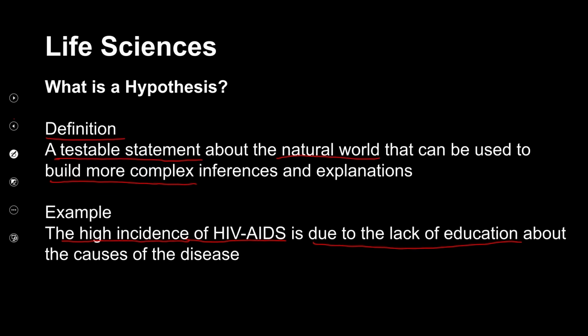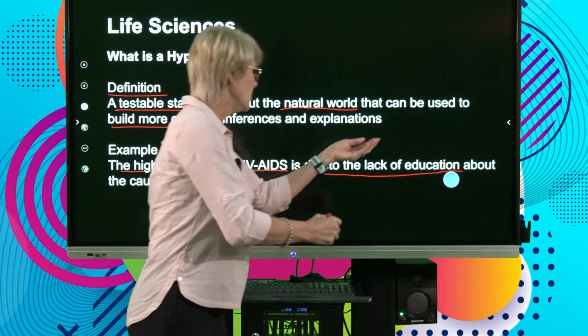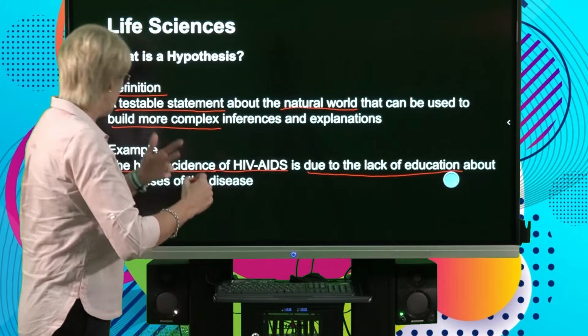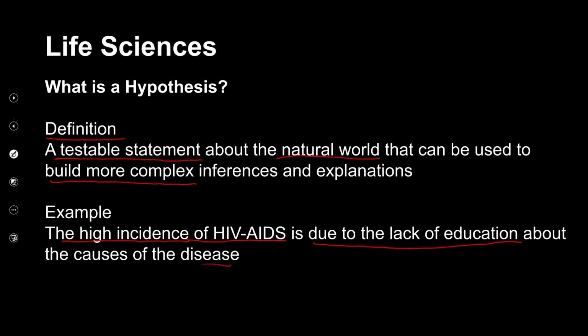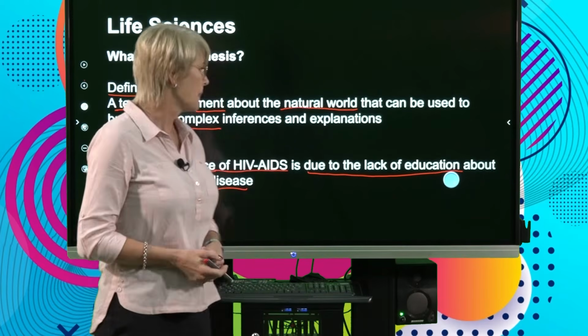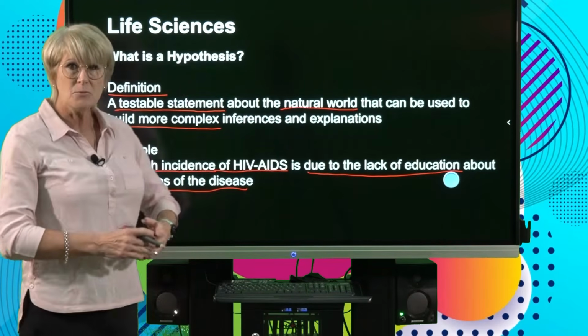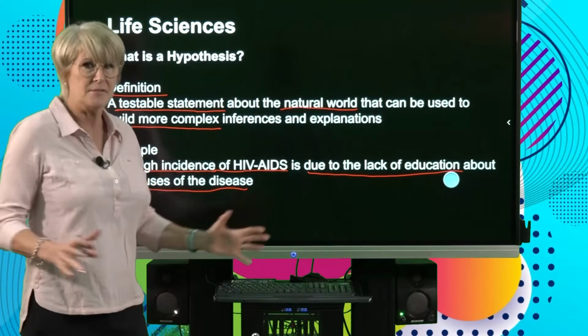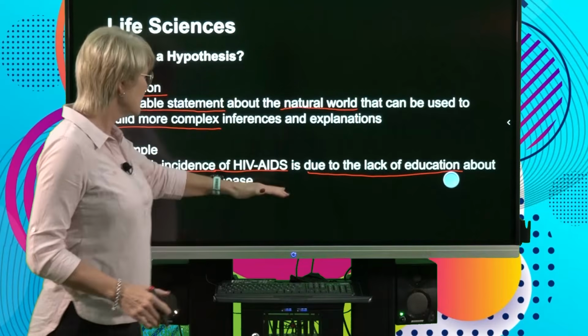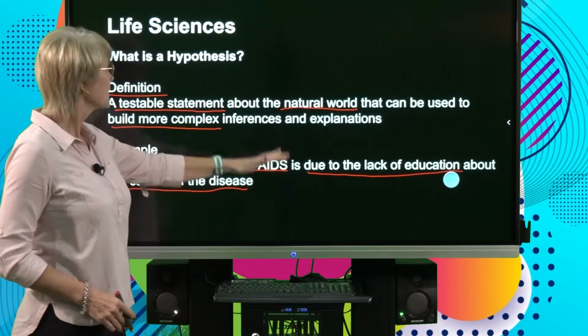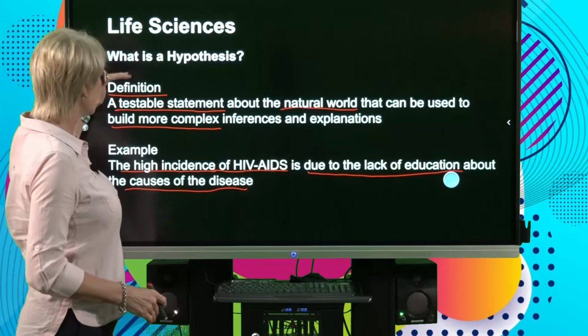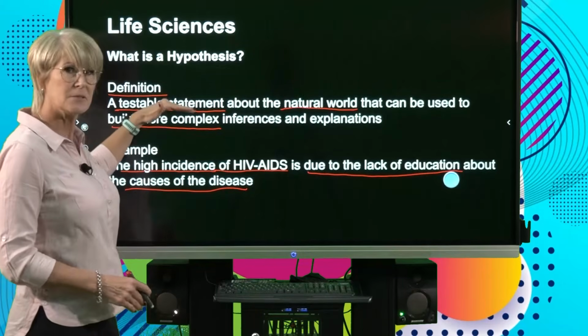We're making a statement: due to a lack of education, a lot of people don't know about the causes of the disease, and therefore there is so much HIV and AIDS in the world today. That is a statement that we can't say is a fact. We actually need to test it, and that's why we always say that a hypothesis is a testable statement.